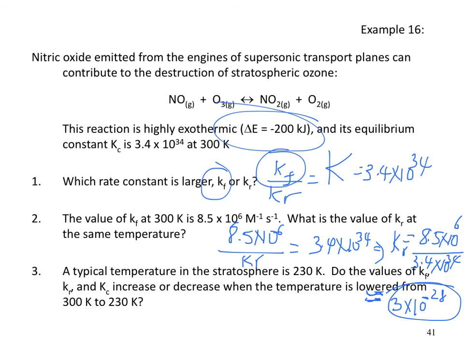Realize that since the reaction is an exothermic reaction, if you decrease the temperature, that's a good thing, right? So more of the forward reaction will take place. That means the K is going to be higher. If K is higher, you can say Kf is going to be high as well, and that would mean Kr would fall down.